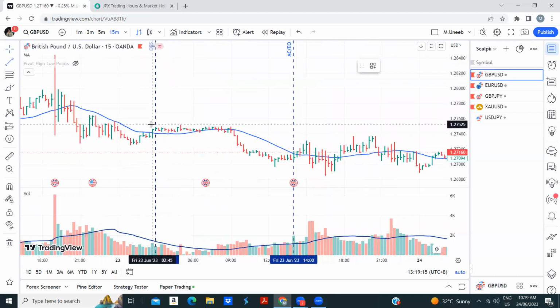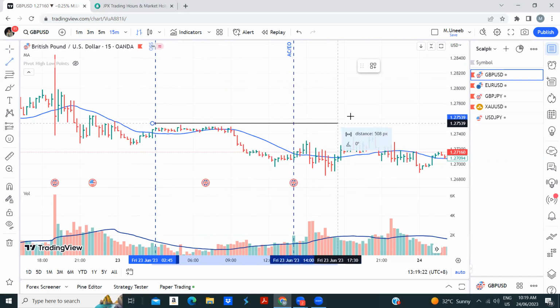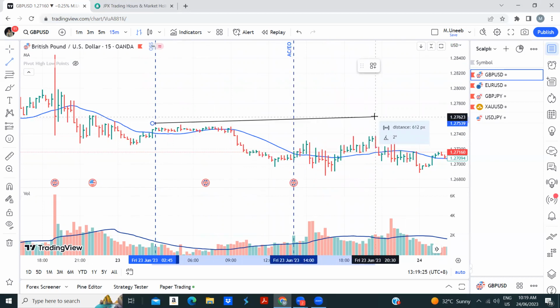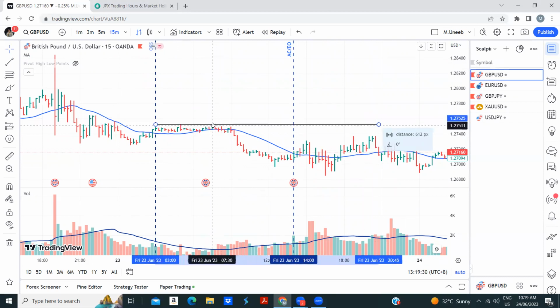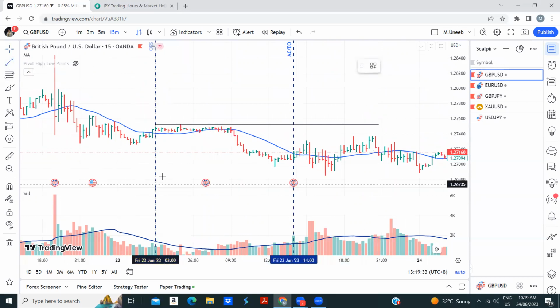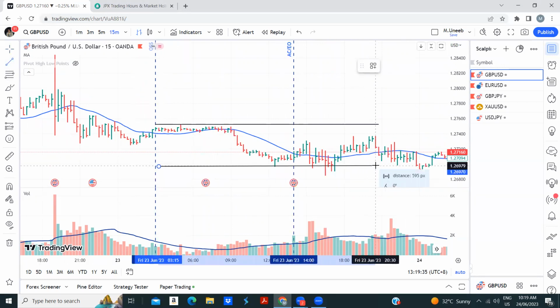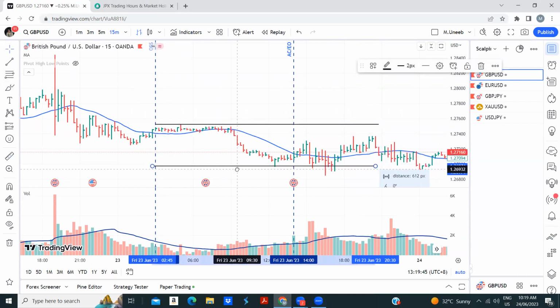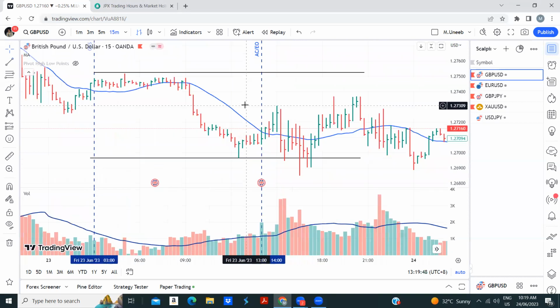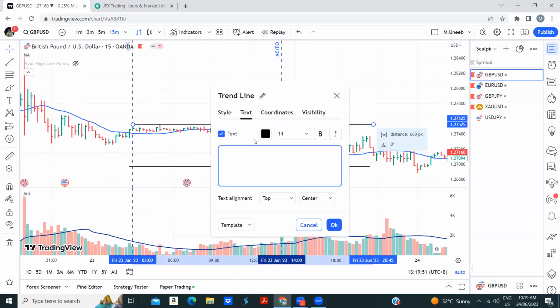So the trick of drawing this trend line: if you draw the trend line, it will be little, so just hold the shift. When you hold shift on the keyboard, the trend line is straight. Got it? So the trend line will be very straight. So same here, draw here, and a little bit with the shift. Okay, so now we have OH and OL.